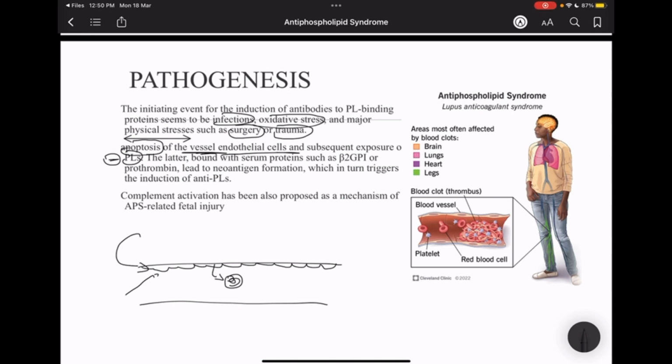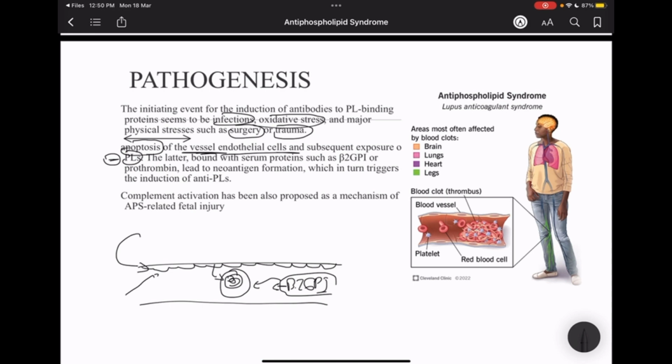In the serum we have beta-2 glycoprotein, which can be found normally in the serum. And not only beta-2 glycoprotein, we also have prothrombin, protein C and S, annexin 5, etc. They can be found in the serum, and they will attach to the negatively charged phospholipid.